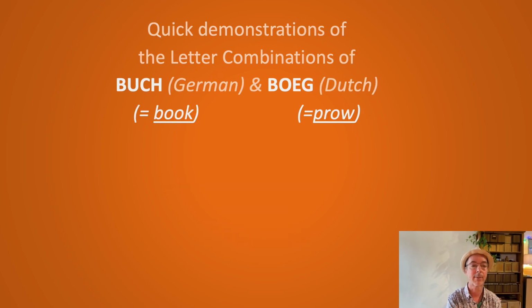And this is a quick demonstration of the letter combinations of the German word BUCH and the Dutch word BOEG. They sound exactly the same, but they are in fact completely different things. So in a way, you can also design them and recognize them and analyze them and understand why these letters are used for these specific words.